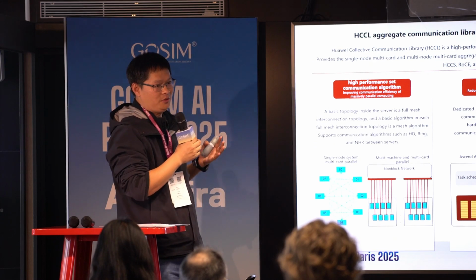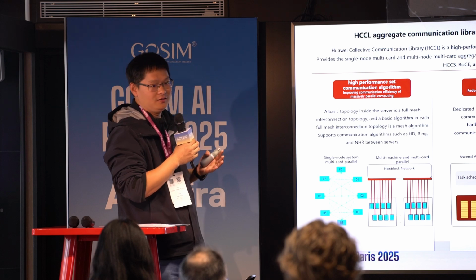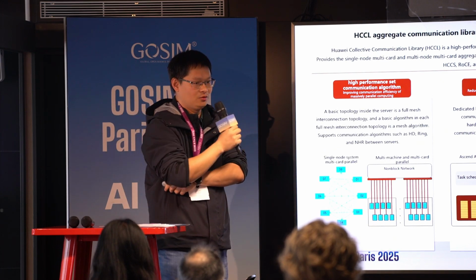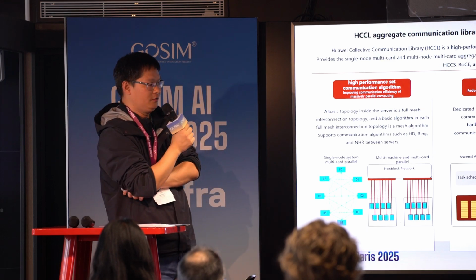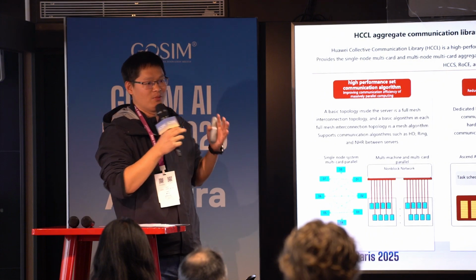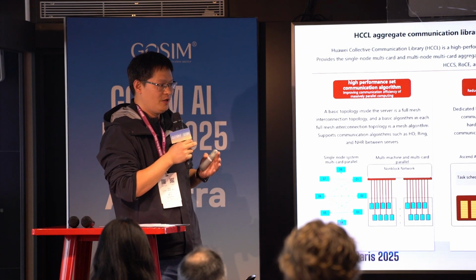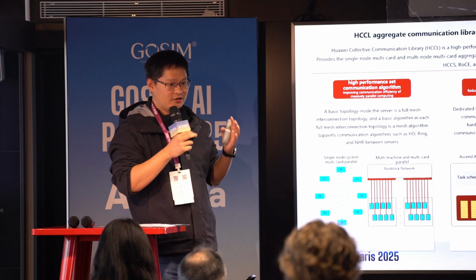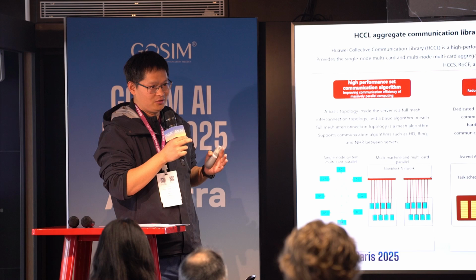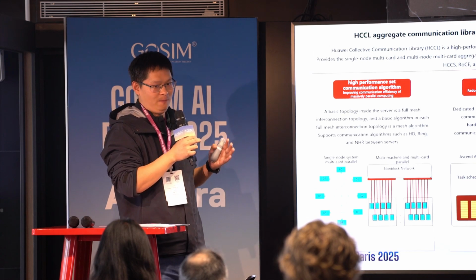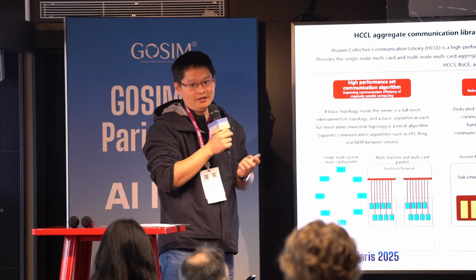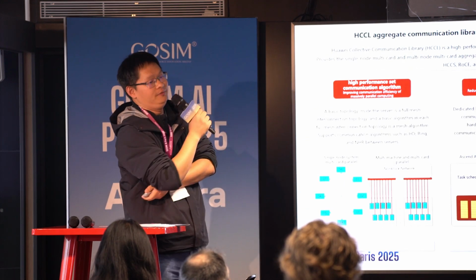Most of them can't be located in just a single card. So we have to deploy the models onto multiple cards or multiple machines. In this case, we need a communication library to make the models or data work together effectively. That's why we have the HCCL library.